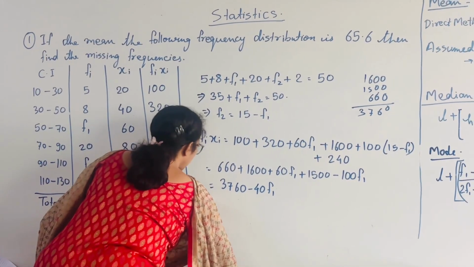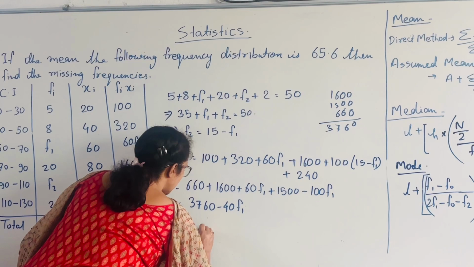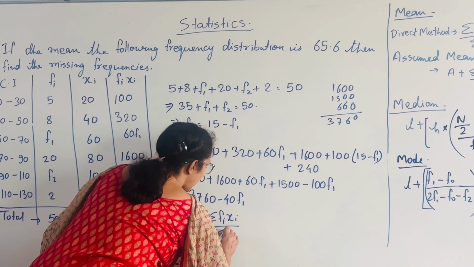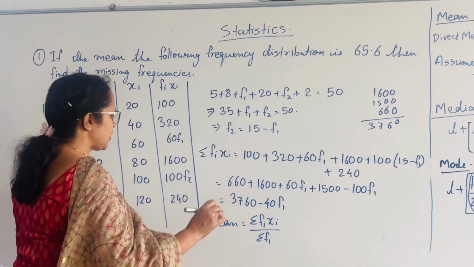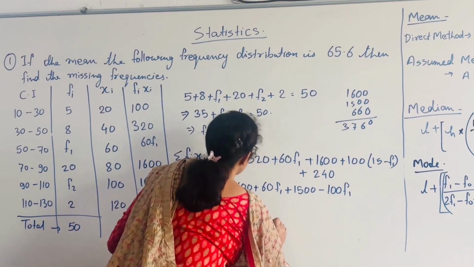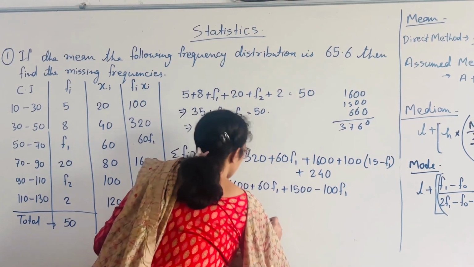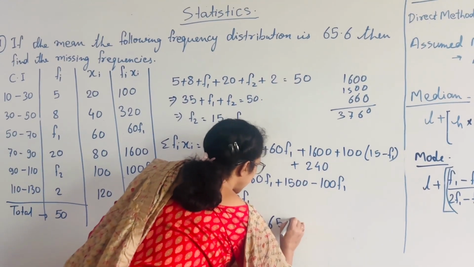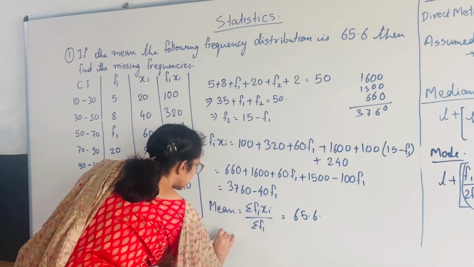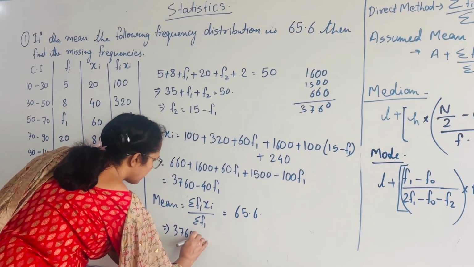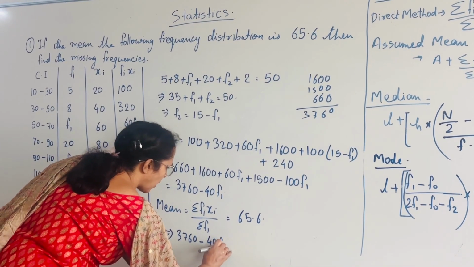So mean will be equal to sigma fi xi by sigma fi. This has been given to us as 65.6. So 3760 minus 40 f1.